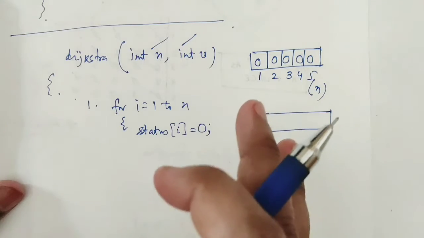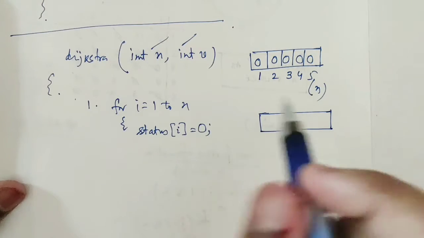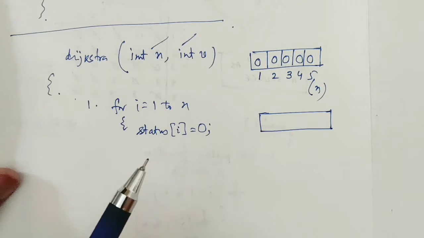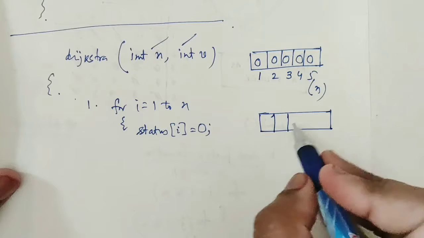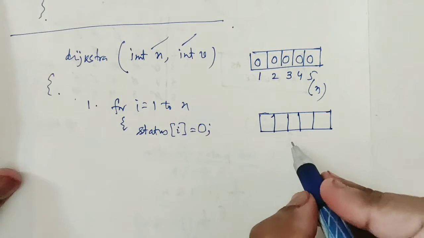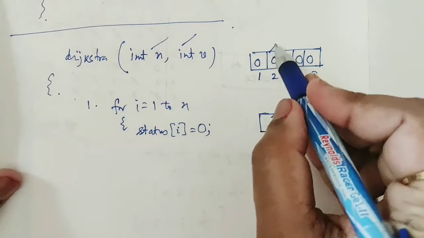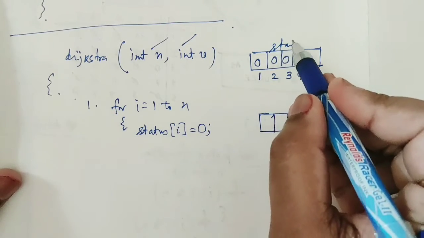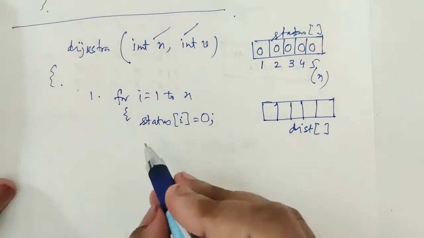As there are 5 vertices in the graph, the length of the queue you can assume to be 5. The name of the queue is dist, and the name of the status array is status.